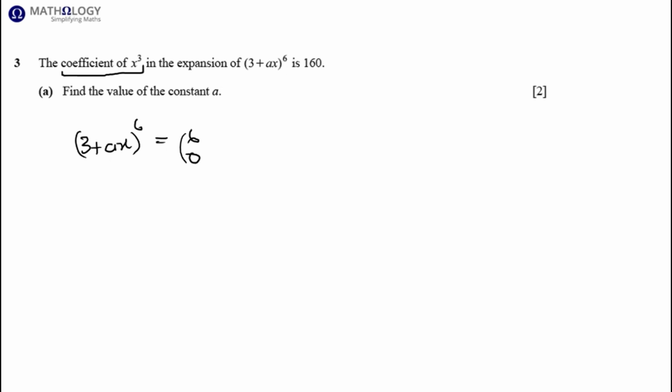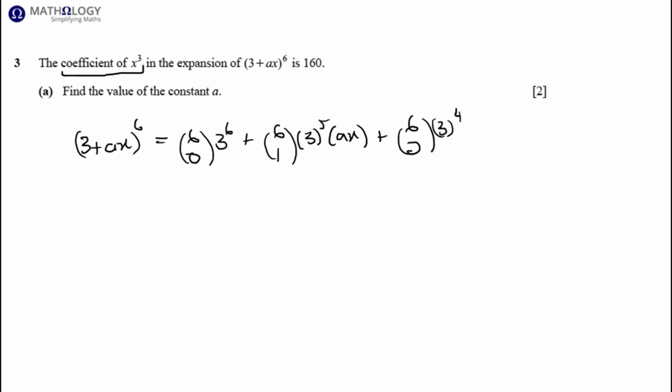6 choose 0 times 3 to the 6 for the first term. Then we have 6 choose 1 times 3 to the 5 times ax, plus 6 choose 2 times 3 to the 4 times ax squared, plus 6 choose 3 times 3 cubed times ax cubed.